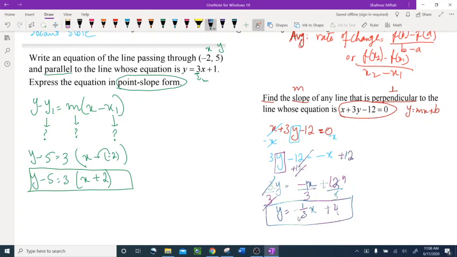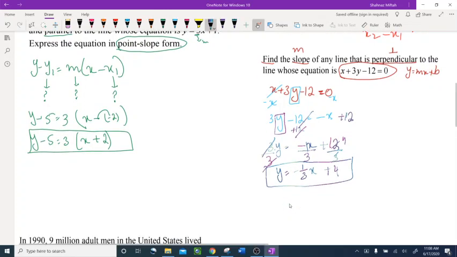Now, since they are asking to find only the slope of the perpendicular line, what is the slope? I'm going to use this slope. And how do I change that slope to the perpendicular line slope? Again, reciprocal and opposite sign. So look at this, 1/3. The reciprocal is going to be 3/1.